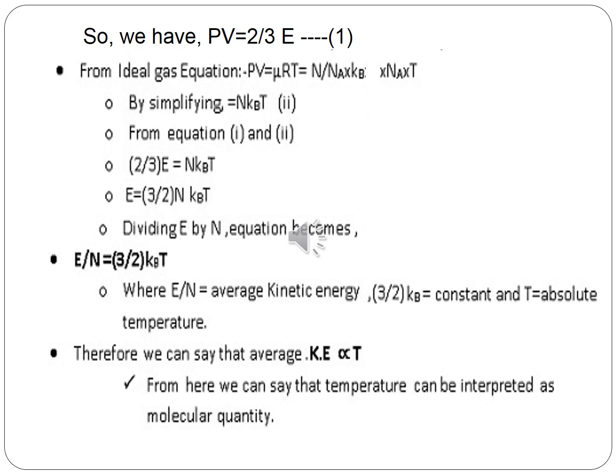From expressions 1 and 2, we get 2 by 3 E is equal to N kB T. So, E is equal to 3 by 2 into N kB T. Dividing E by N, we have E by N is equal to 3 by 2 into kB T. Since 3 by 2 into kB is a constant, E by N is directly proportional to T, the absolute temperature.